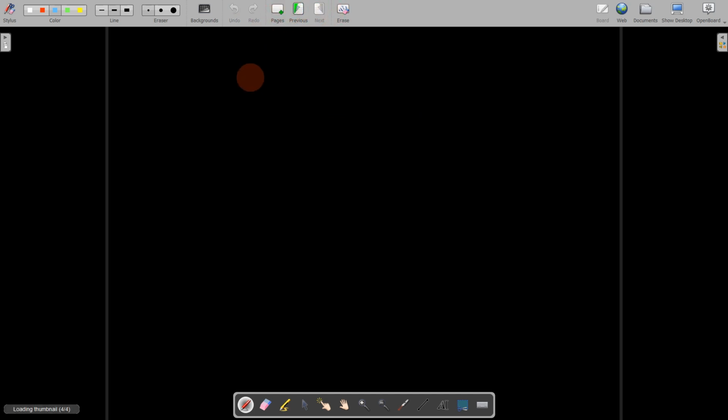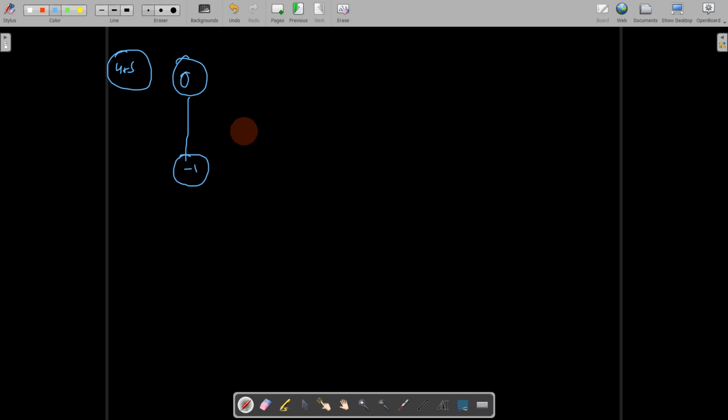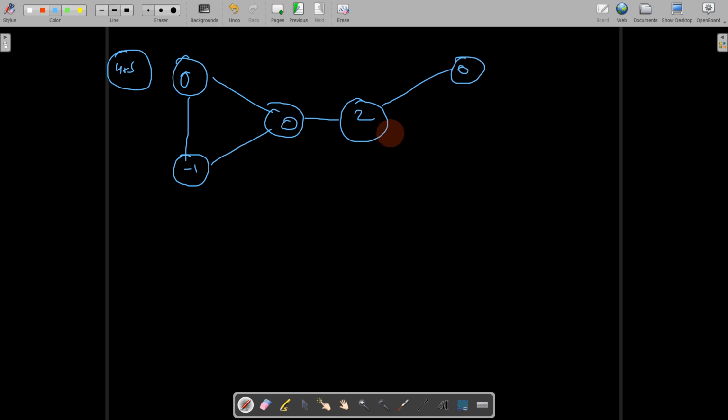So I am combining the fourth and fifth moves, 4 plus 5. After that, what will be the status of our board? 0. This will be -1. This would be 0. This would be 2. This would be 0. This would be 0.